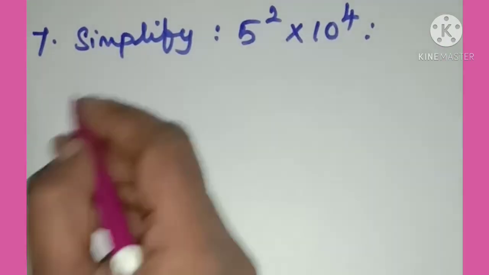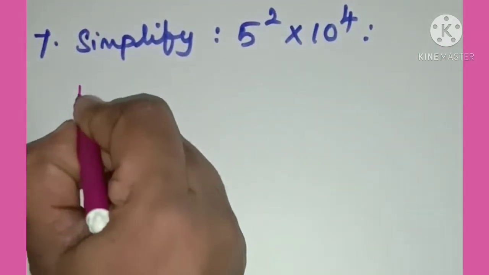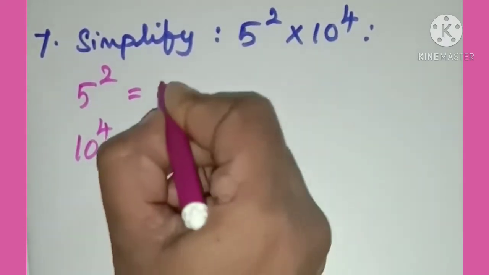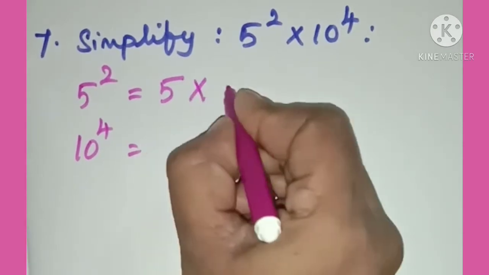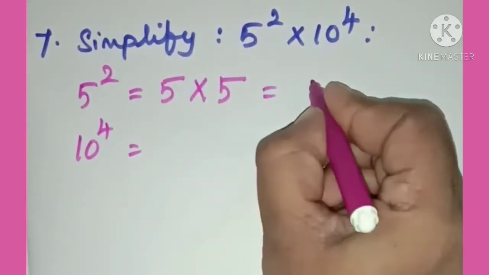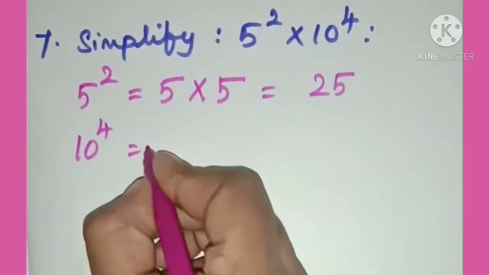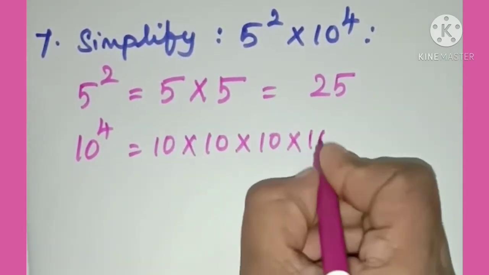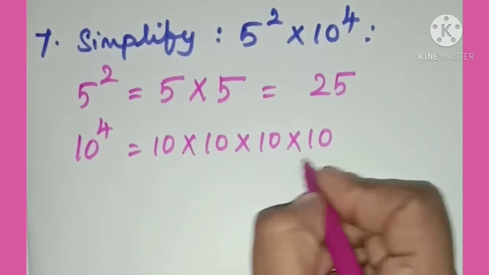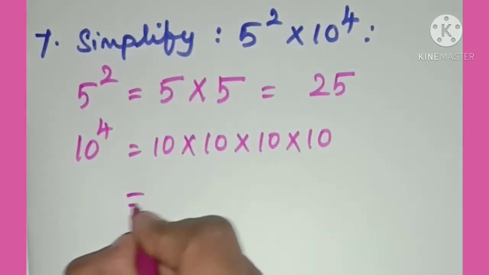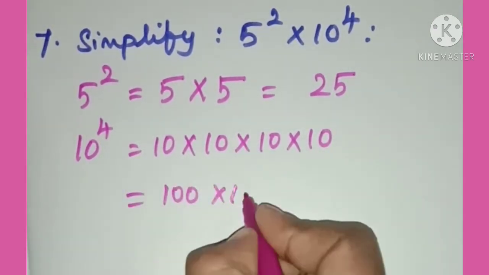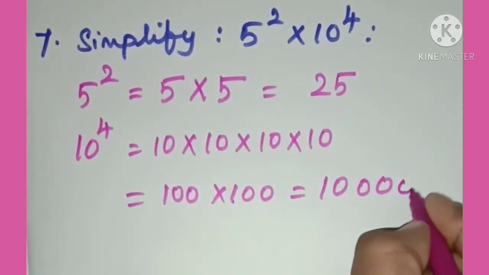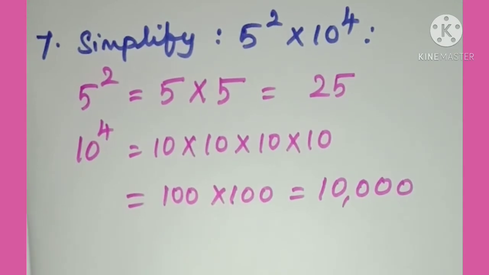Let us simplify 5 square into 10 power 4. First let us find the value of 5 square and 10 power 4. So 5 square is 5 is multiplied by itself 2 times, which is 5 into 5 is 25. 10 is multiplied by itself 4 times. 10 into 10, 100. 10 into 10, 100. 100 into 100 is 10,000.